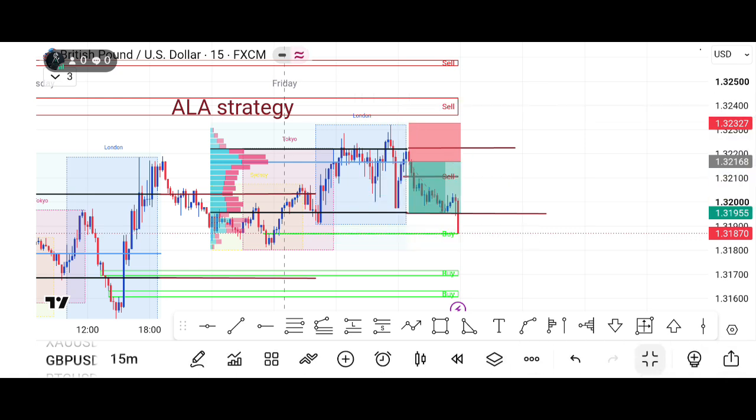But it doesn't matter. People say that there's low volatility, but using GBP USD, the only thing you are supposed to worry about is your lot size. If you're trading using this strategy, it's going to give you a win rate of 100%.